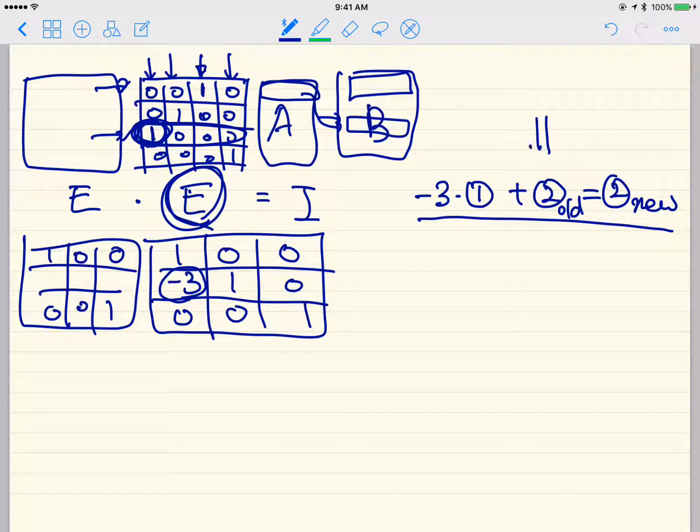Okay, so in this case, we want to recover the old row using the previous ones, right? So how can we make this equation? So it will be new plus what? 3 times 1, right?